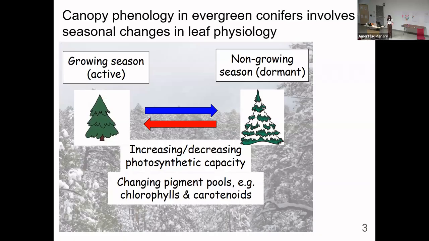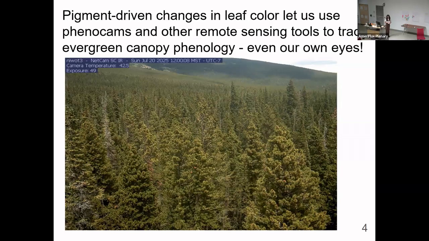In evergreen forests, which is what I study, canopy phenology isn't related to changes in canopy structure, but rather seasonal changes in the physiology of the existing leaves. These changes include adjustments to their photosynthetic capacity, as well as changing sizes and compositions of various pigment pools. Since leaf pigmentation shows up in the color of leaves, we can use various remote sensing tools to track canopy phenology in evergreens.